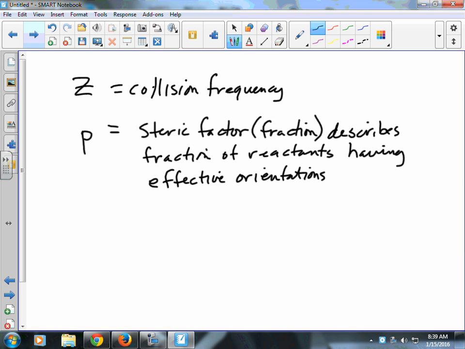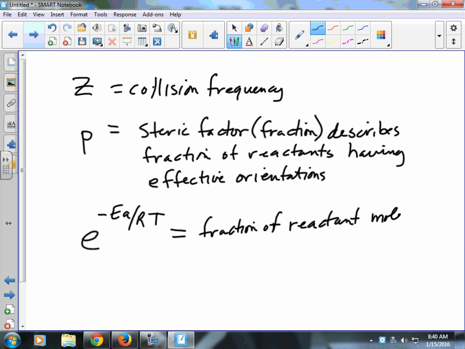And then we have a term e to this exponent, negative of activation energy over ideal gas constant times Kelvin temperature. And this represents the fraction of reactant molecules with sufficient activation energy.